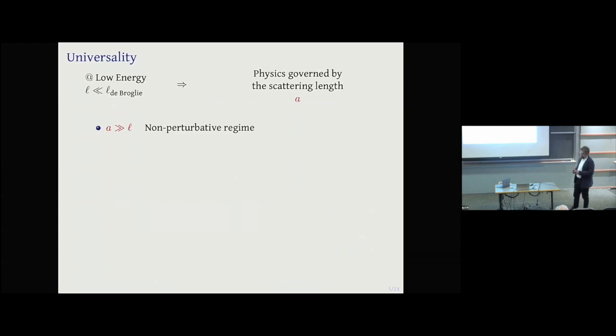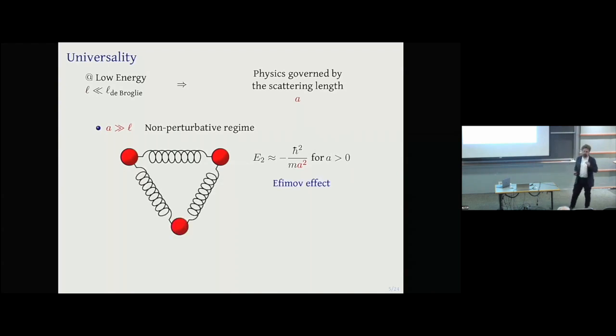But there is this regime where the scattering length is much greater than the interaction length, and we enter a non-perturbative regime. In the two-body sector, the two-body scattering length still governs the physics, but we have, for instance, a bound state which is non-perturbative. But as soon as we change the number of particles, the scattering length is no longer enough, and we need another parameter.